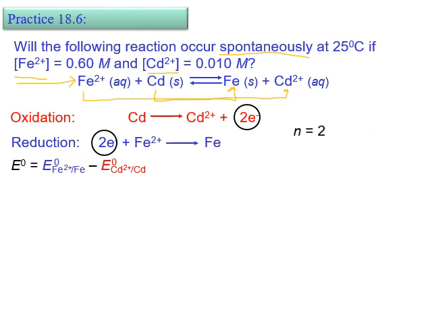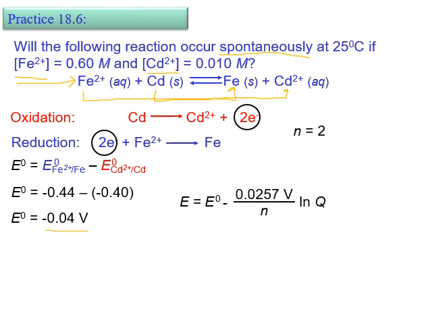So now we just have to get the numbers from table 18.1 and plug them into the cathode minus the anode, and we get a negative number. Negative number means non-spontaneous. Now this is at 25 degrees Celsius, 1 molar concentrations, but we are not at 1 molar concentrations.